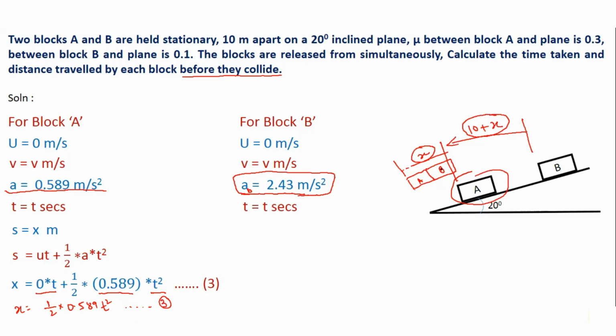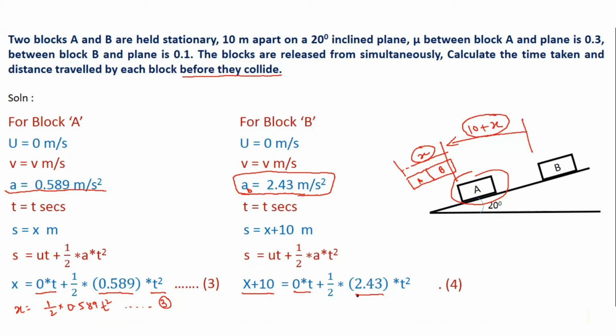So I will write in place of s as x plus 10. Again using the same formula, s = ut + half at square, and substituting the values from above, I will get x plus 10 = 0t plus half a t square. Let this be equation number 4.